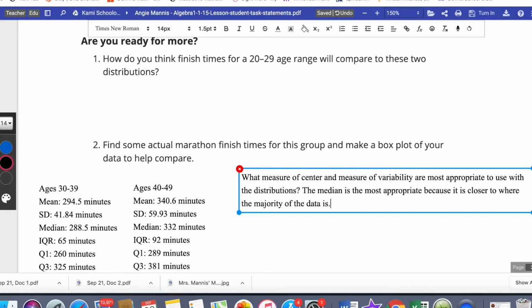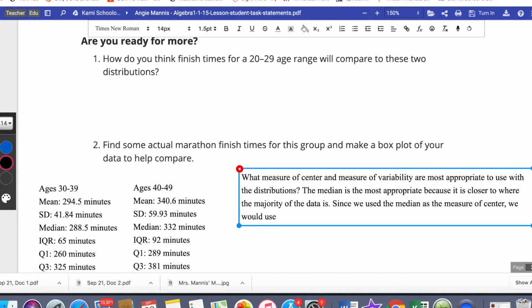And we can also say this distribution is not symmetric. Since we used the median as the measure of center, we would use the IQR as a measure of variability, because median and IQR go together. Mean and standard deviation go together.